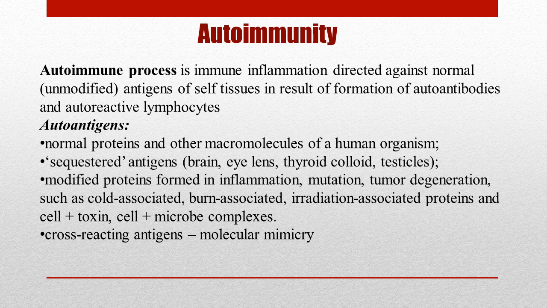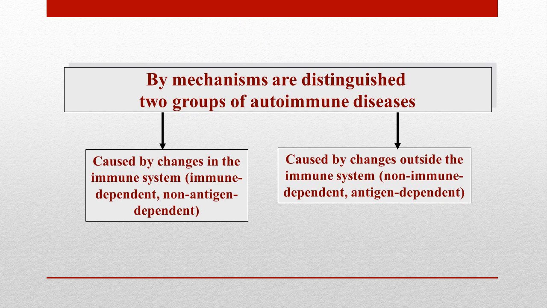They may be modified proteins formed in inflammation, mutation, tumor degeneration, such as cold-associated, burn-associated, irradiation-associated proteins, and cell plus toxin, cell plus microbe complexes. One more kind of autoantigens is cross-reacting antigens, the phenomenon called molecular mimicry.